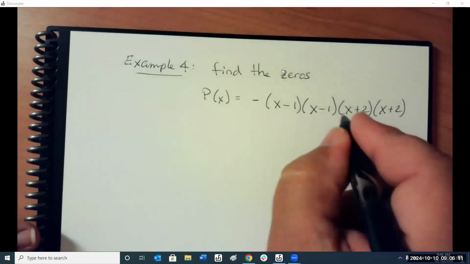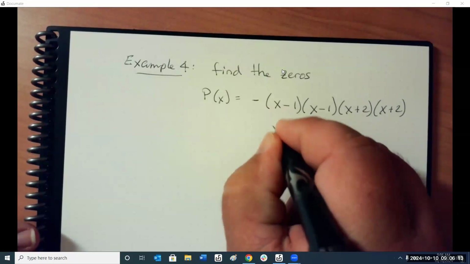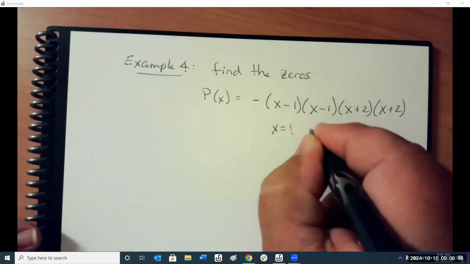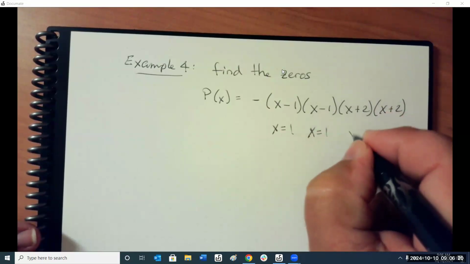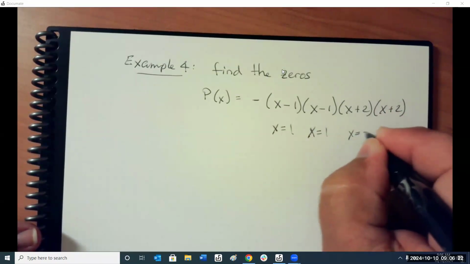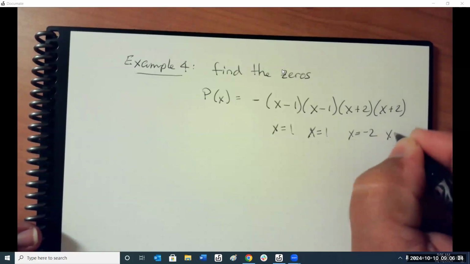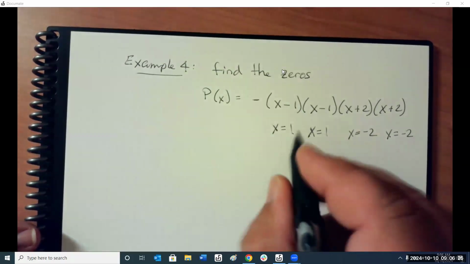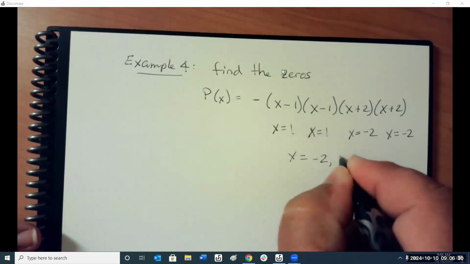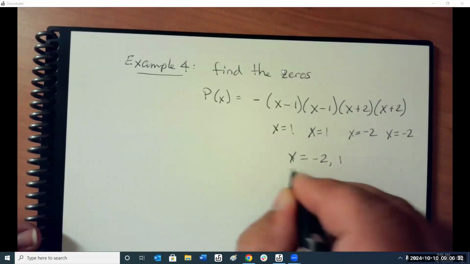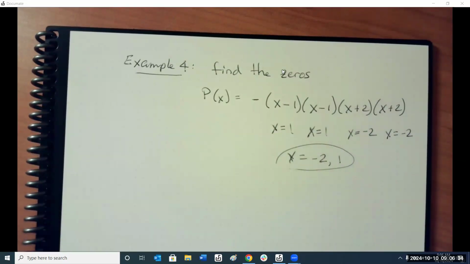So these are already factored, so the zeros are going to be at +1, +1, -2, -2. So my zeros are at -2 and 1. Those are my intercepts.